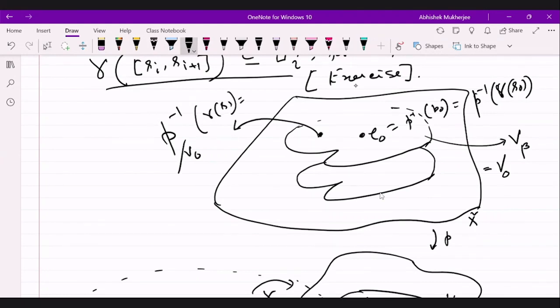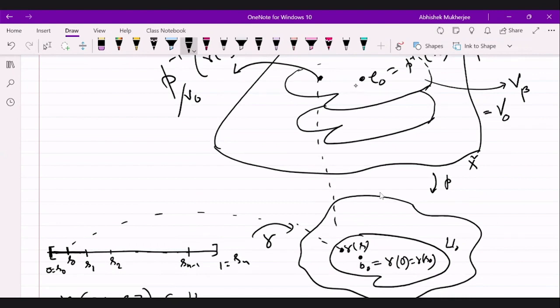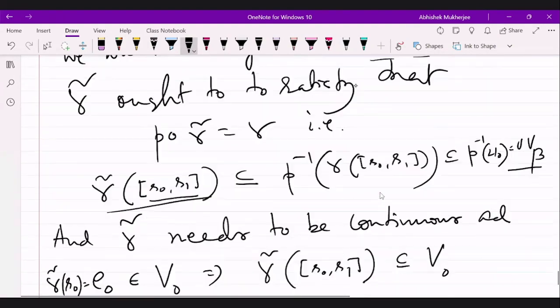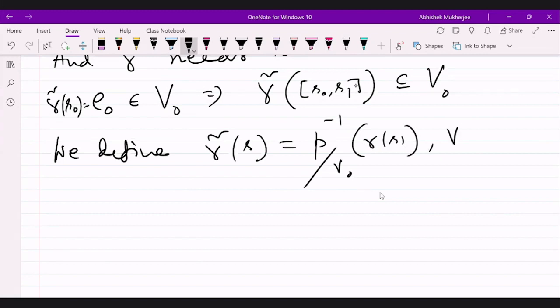So that will be defined as gamma tilde s. So this is your gamma tilde for that subinterval. So we define gamma tilde of s as P restricted to V0 inverse of gamma s for all s belonging to this subinterval.